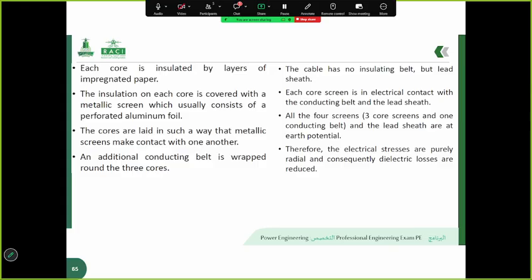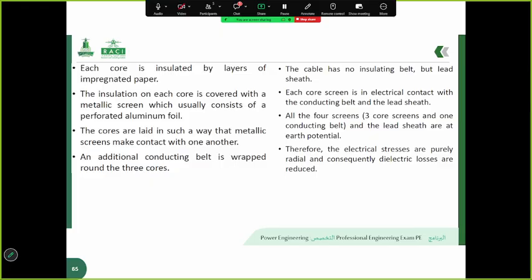This slide explains the advanced construction and electrical principle of H-type cables, which are a type of screen cable. Each core of an H-type cable is insulated with layers of impregnated paper, and is then covered with an individual metallic screen, which is usually a perforated aluminum foil.